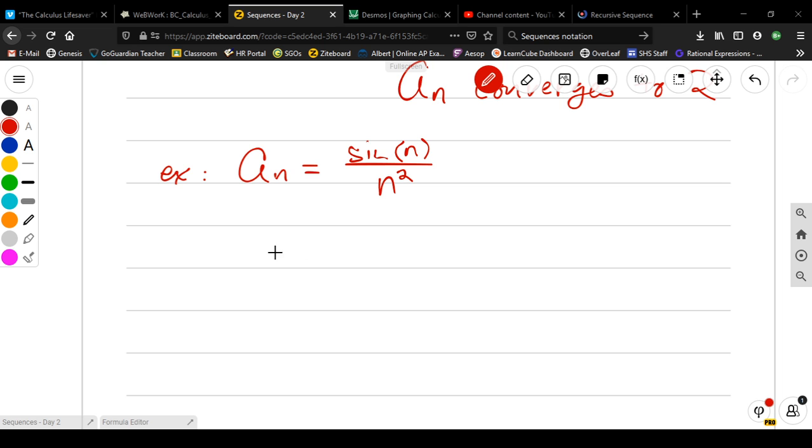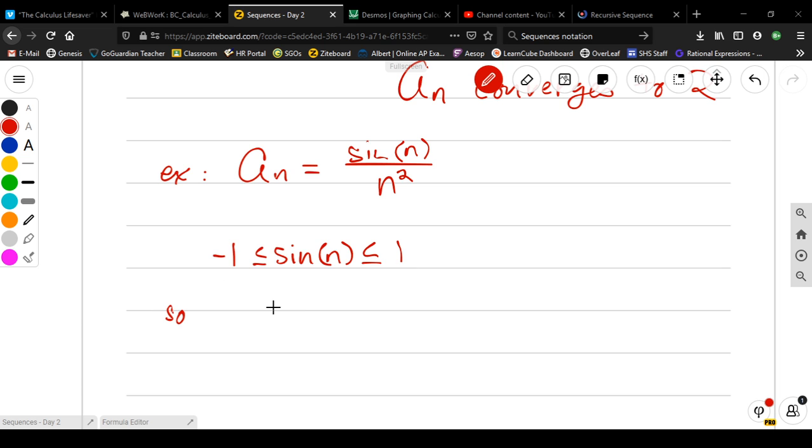So we know sine of n is always going to stay between positive and negative 1. It bounces back and forth. It doesn't matter that n is an integer. Sine is never going to be bigger than 1, and it's never going to be smaller than negative 1.